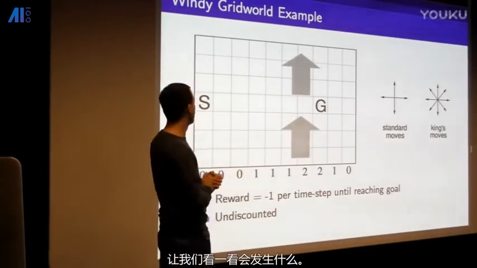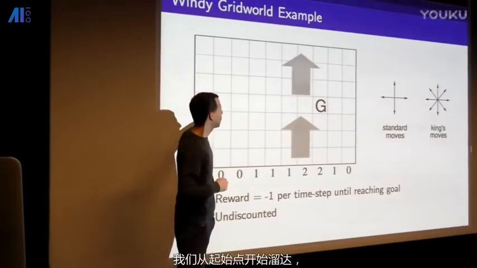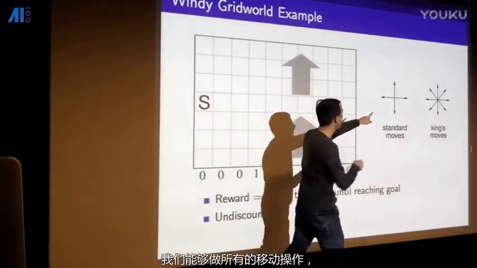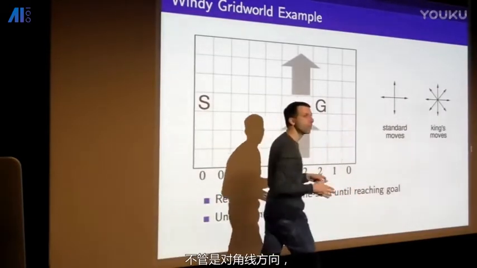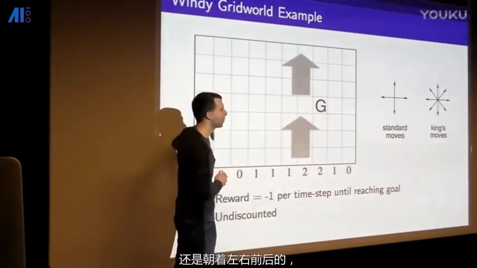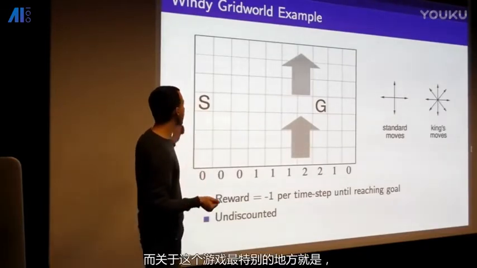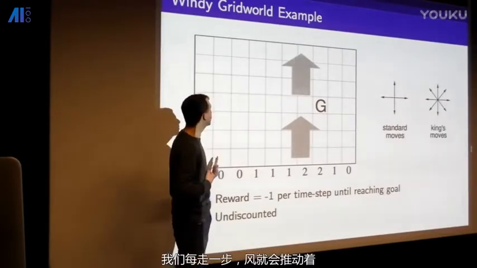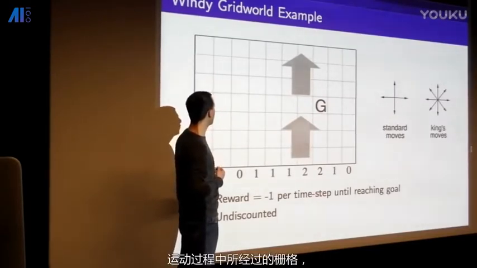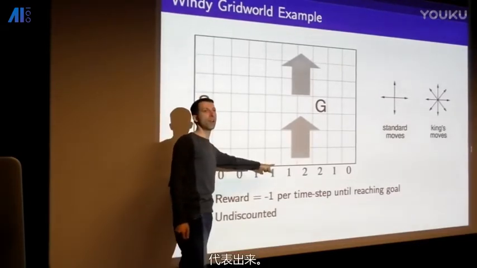Let's see what happens. This is called a windy grid world. We're just trying to wander around from this start point to this goal. We can take any of these king's move operations, so all the diagonal moves as well as north, east, south, west. The only special thing about this grid world is that every time we take a step, the wind pushes the agent upwards some number of grid cells, indicated by the number at the bottom of the column.